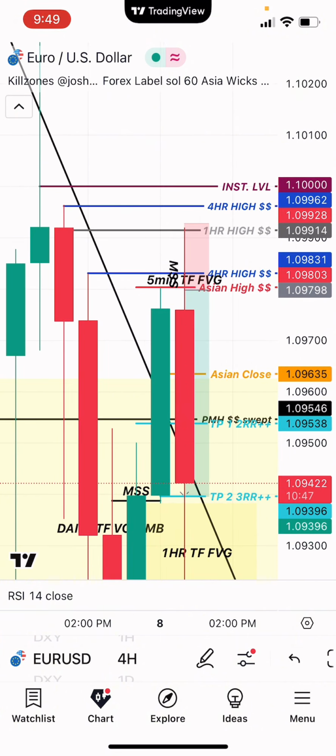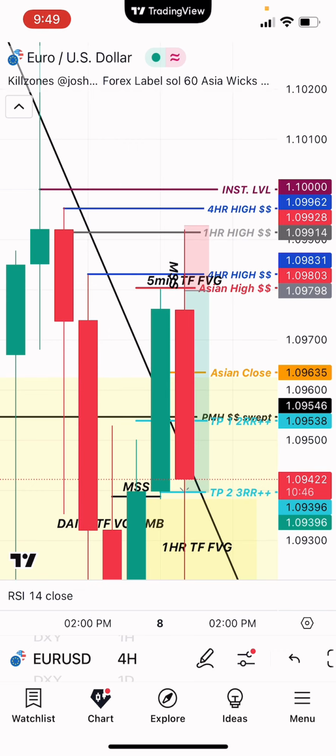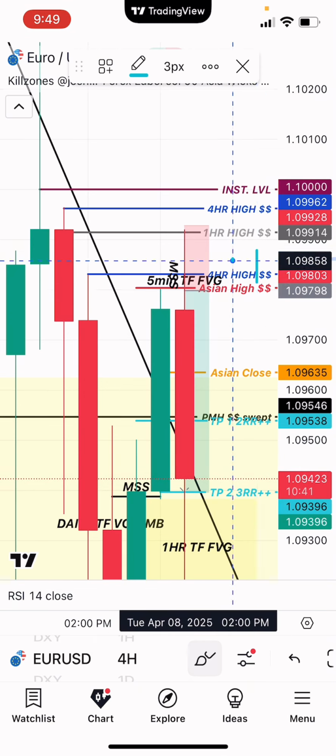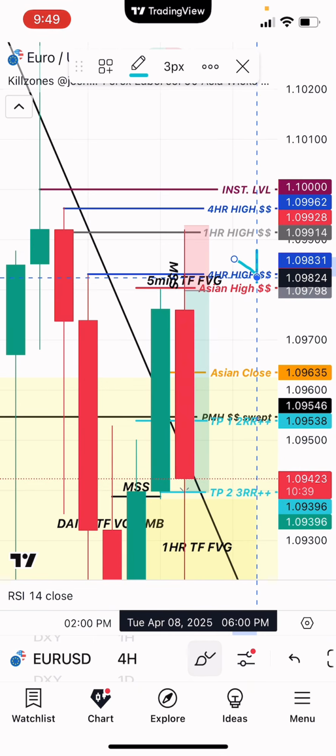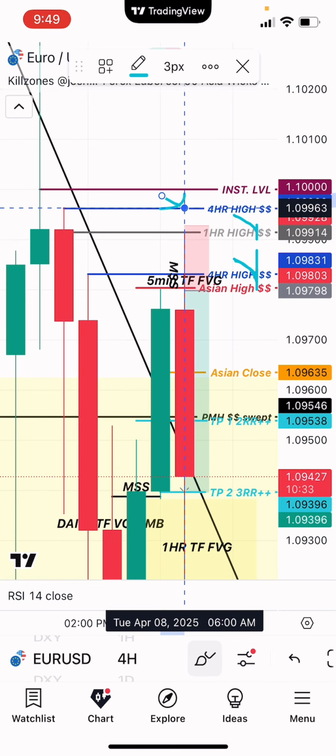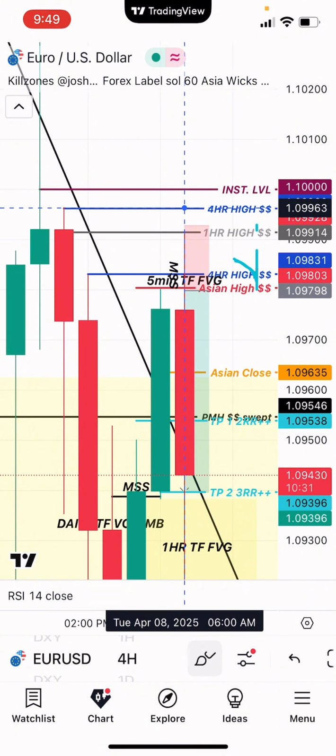So after marking out the Asian range, I marked out the 4 hour highs. This is a 4 hour high here. This is a 1 hour high too, which I marked, and this is a 4 hour high here too. So I marked those out.